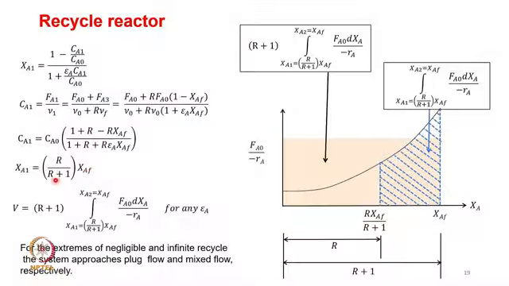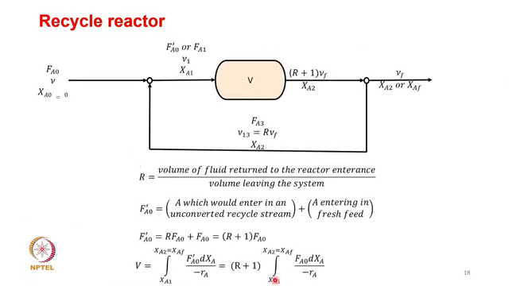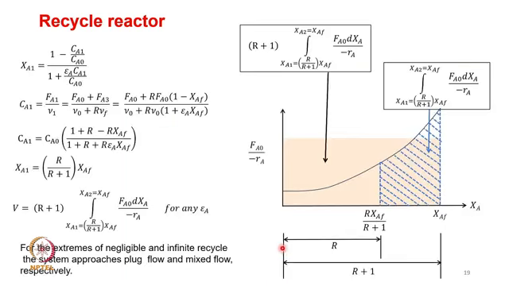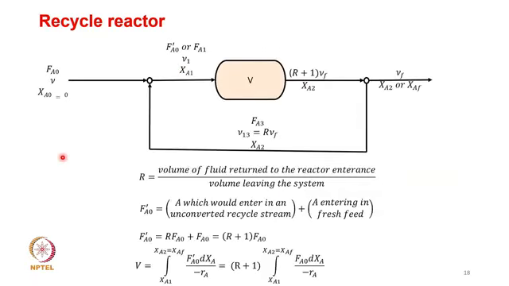So, the algebraic pre-multiplication term would be R by R plus 1. This is what we need, because if you look here, your integral is always from XA1 to XAF. So, XA1 you will write as a function of R by R plus 1 times XAF in this particular equation.